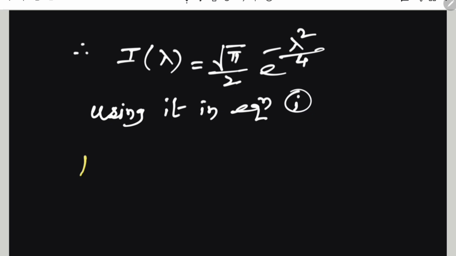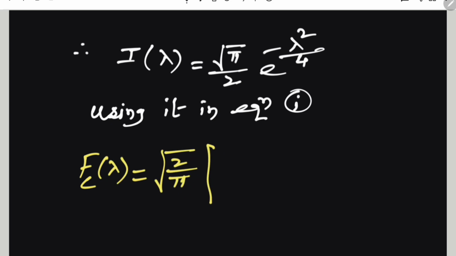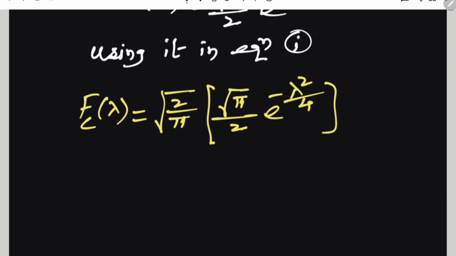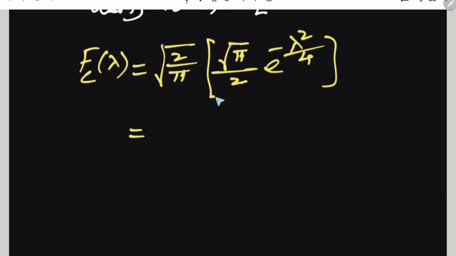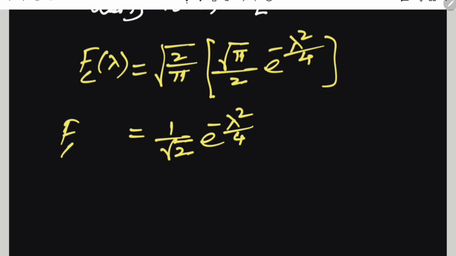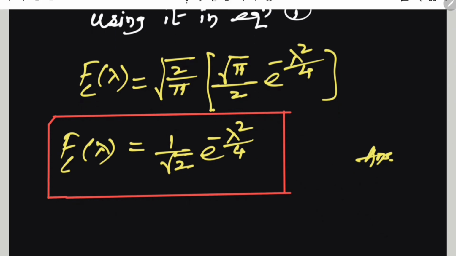Therefore, we get the value of Fc of λ as square root of 2 by pi as it is, and into the value of I of λ, it is square root of pi divided by 2 into e raised to minus λ square by 4 as the required answer. The square roots get cancelled. We get 1 by root 2 e raised to minus λ square by 4.